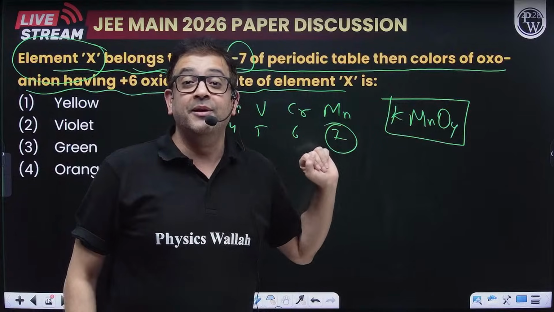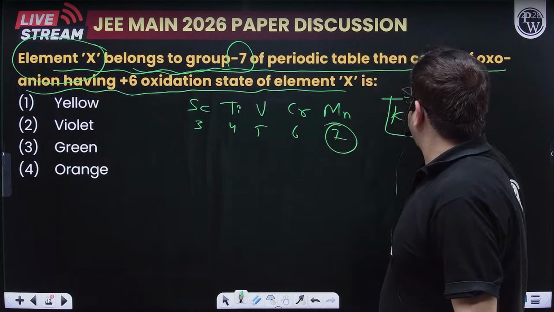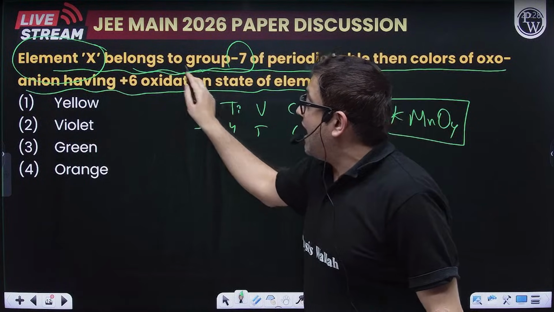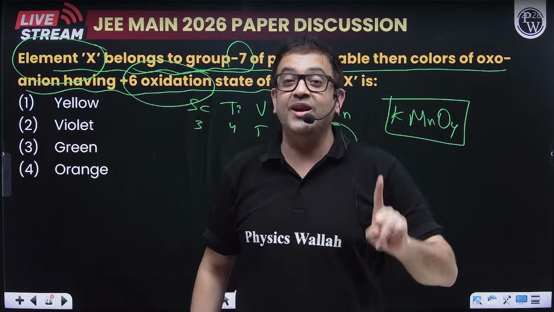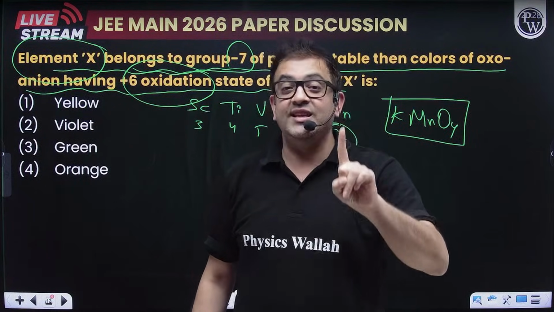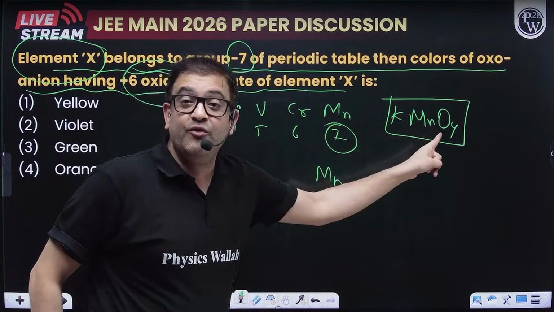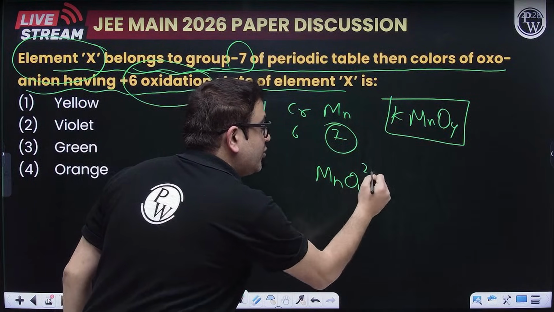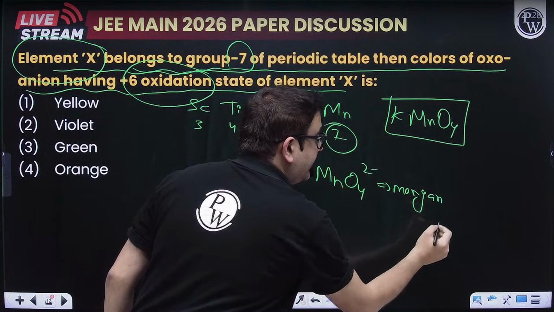Some students said that they were just asking its color, which is purple. But actually, the question is asking when this manganese is in the +6 oxidation state. We definitely know KMnO4 also exists as the manganate ion. MnO4 minus is permanganate, and MnO4 2 minus is the manganate ion.